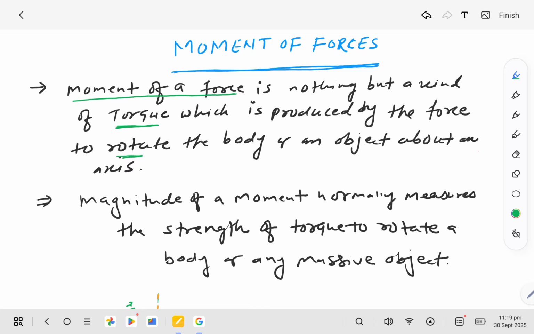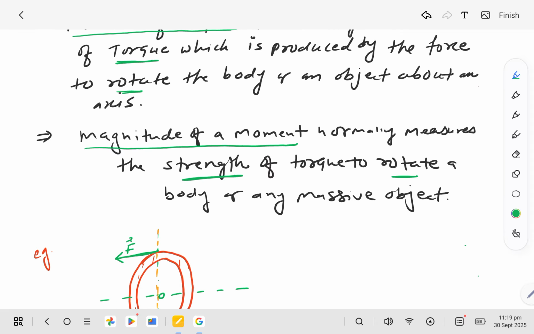And if we talk about the magnitude of this moment, then this will measure the strength of the torque that is essential to rotate a body, or which is useful for the rotational motion of a body or a massive object about a given point or an axis passing through a given point.